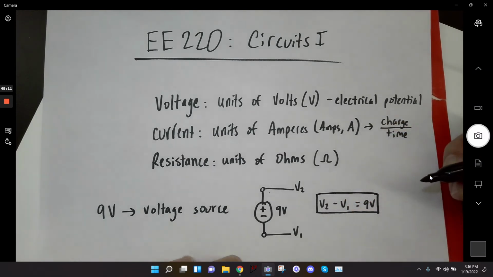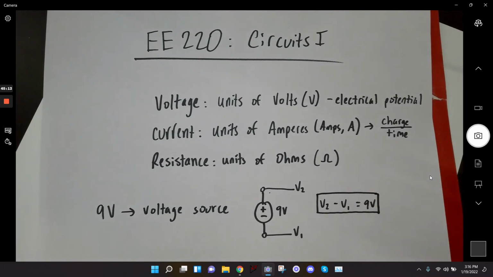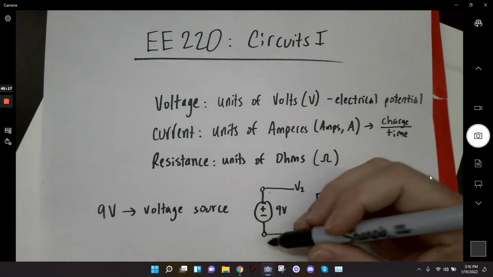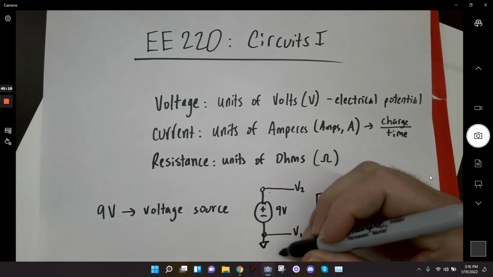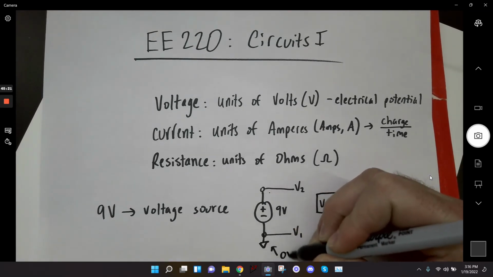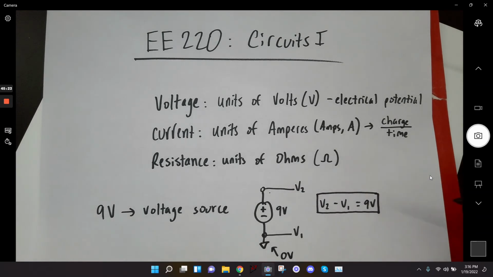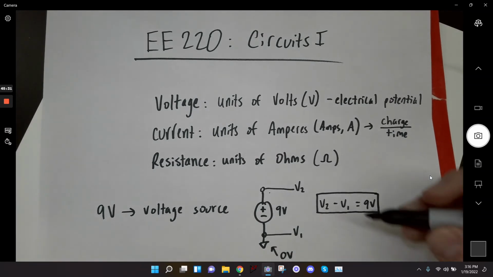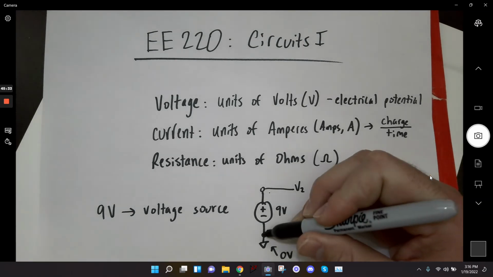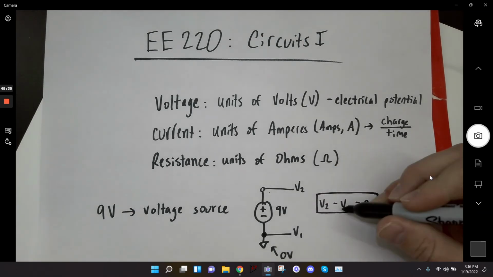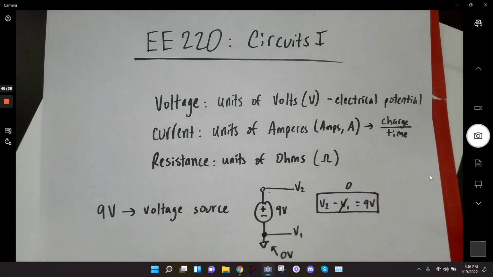Now, electrical ground is used as a reference, specifically to set 0 volts. Whenever you see ground, that little triangle, that means that there is 0 volts at that point, or anywhere along that wire. So now, in this equation, since V1 is connected to ground, this goes to 0, right?